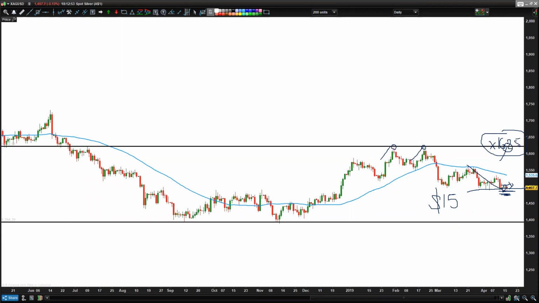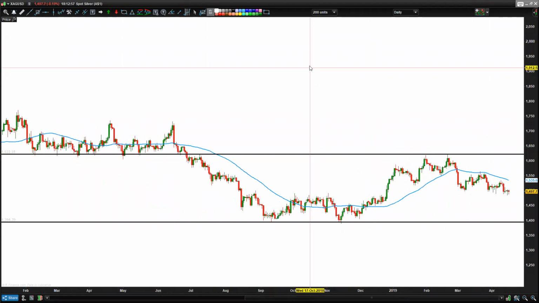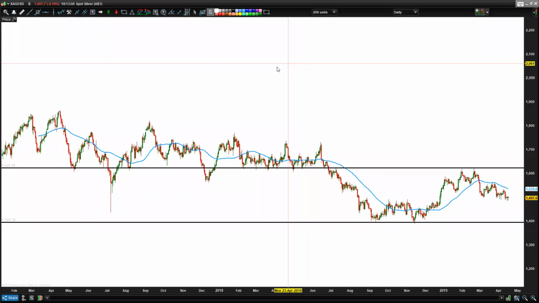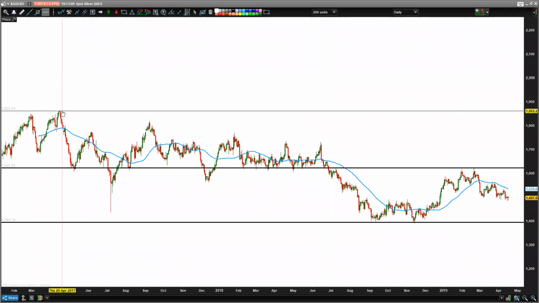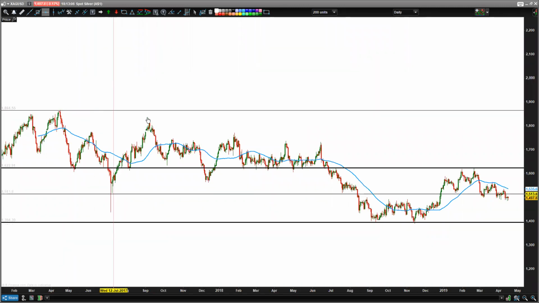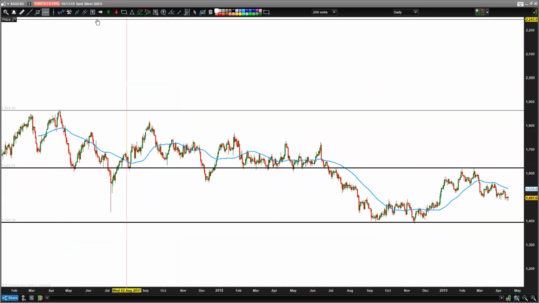Now, ultimately, my long-term view on silver is that we could ultimately go back to the days when we had a price up here. That's very, very close to $20.